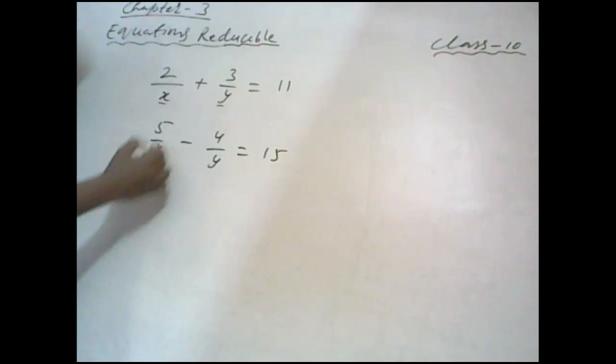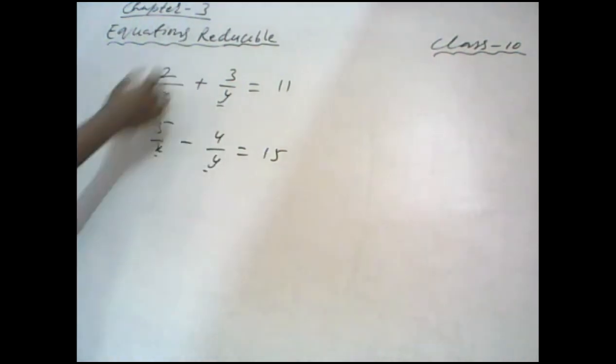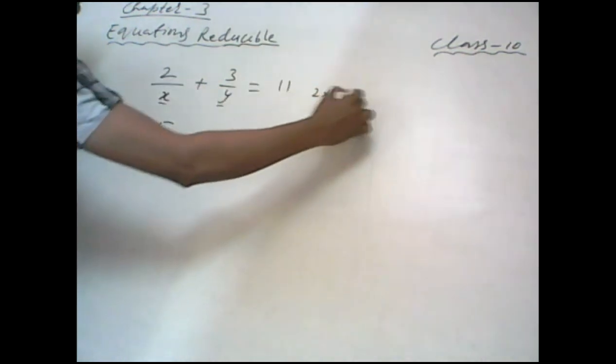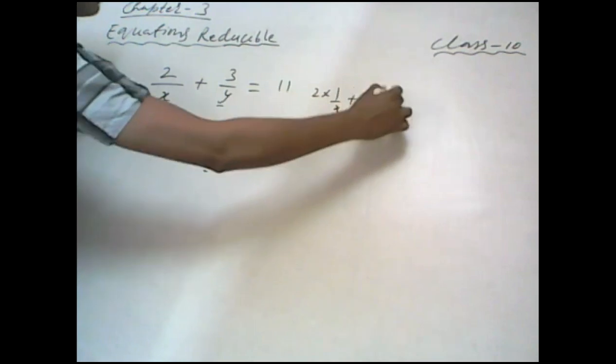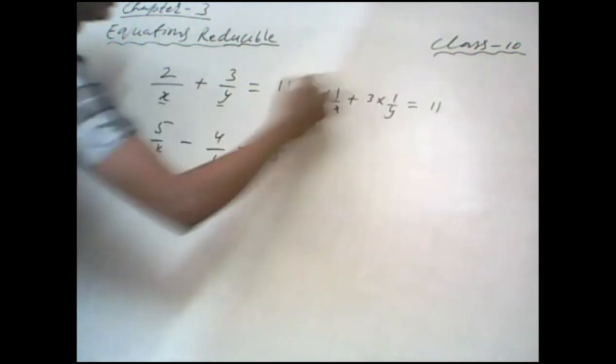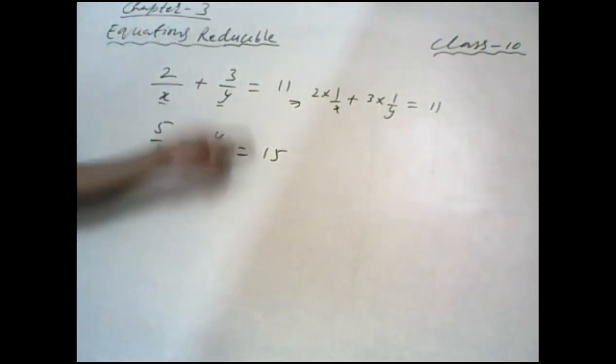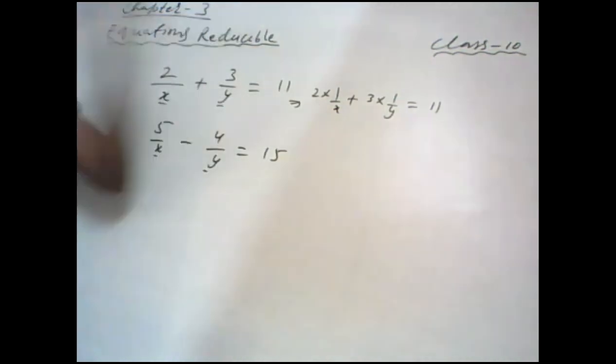Look at it, students. Here the variables are in the denominator, right? Now, can we write this equation like 2 multiplied by 1 by x plus 3 multiplied by 1 by y is equal to 11? Yes or no? Right? Similarly, this equation can be written in this form.